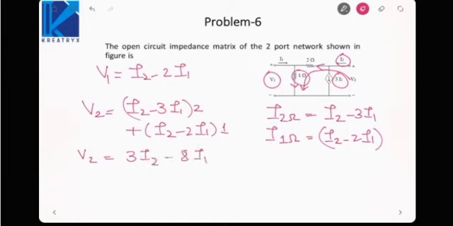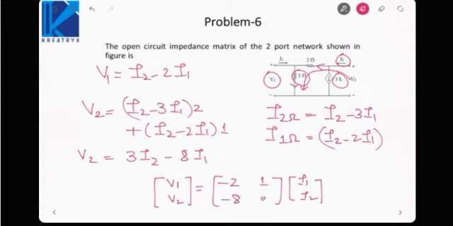So what are the parameters? V1, V2, I1, I2. In the V1 equation, what is the coefficient of I1? It is minus 2. For I2, 1. In the V2 equation, the coefficient of I1 is minus 8. For I2, it is 3. So these are the open circuit impedance matrix for the two-port network.